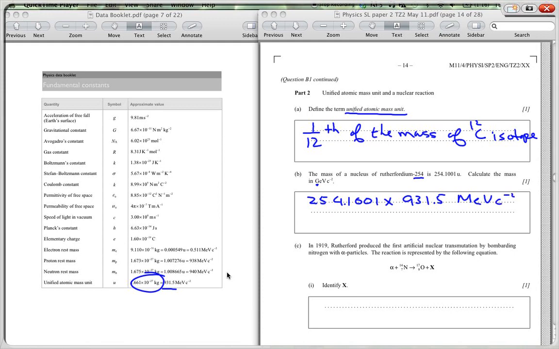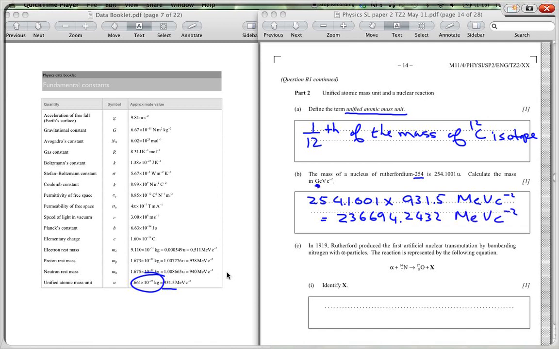Now when I do that on my calculator, I get this number over here, 236.9243 (MeV c to the minus 2 terms), and that would be MeV c to the minus 2.